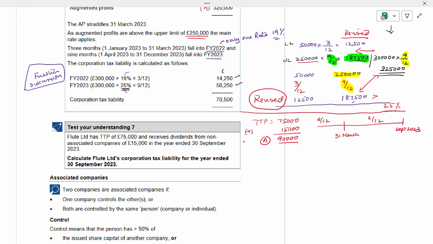Are you clear about this? Yes, sir. 6 months, 6 by 12 and 6 by 12. Now this is 2022 and this is 2023.